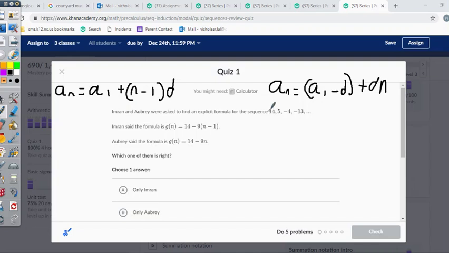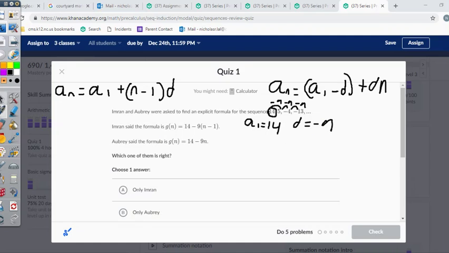So here a_1 is 14. And this is going to be an arithmetic sequence because I can see that we subtract 9 for each term: minus 9, minus 9, minus 9. So d is equal to negative 9.